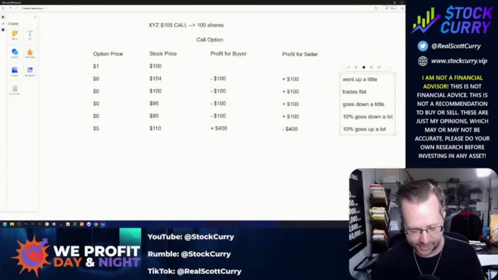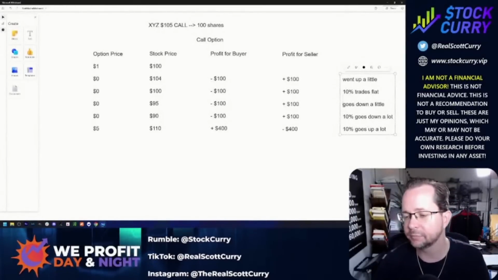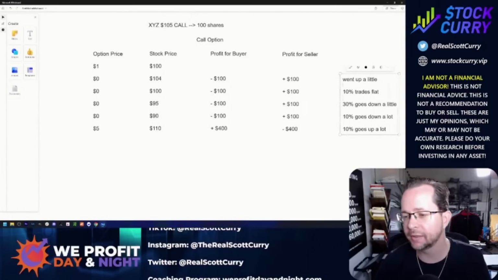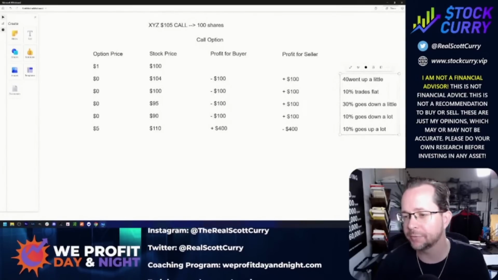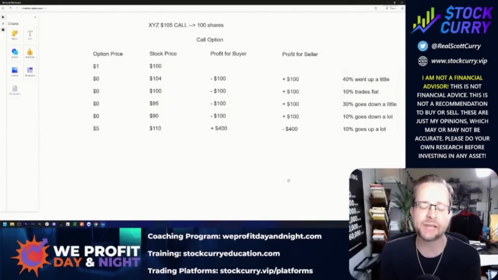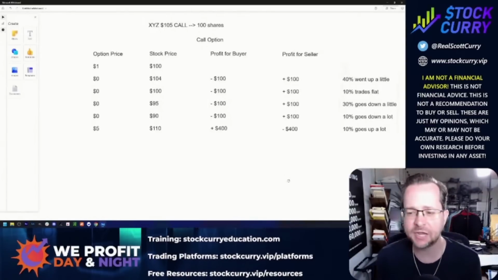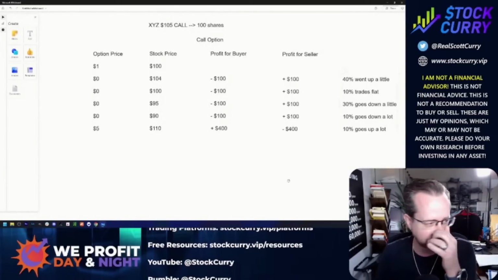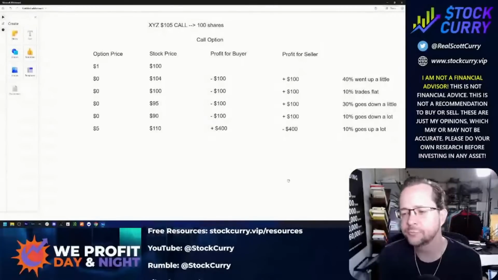The stock trading flat doesn't occur very often. We'll call that 10%. There, you got 70% left. It'll go down a little about 30% of the time, and it'll go up a little about 40% of the time. It's just because stocks generally go up over time. And so that's why you have a little bit of a better chance of that stock going up than you do of it going down.